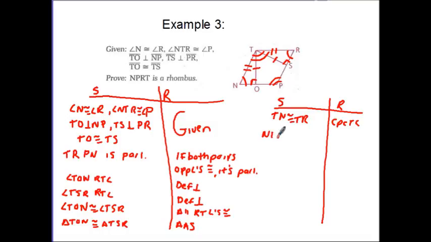NPRT is a rhombus if one pair of consecutive sides of a parallelogram are congruent. It's a rhombus. And we're done.